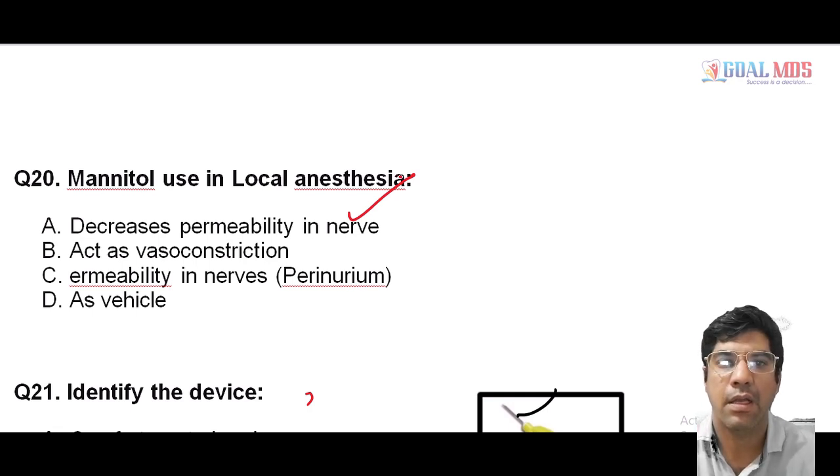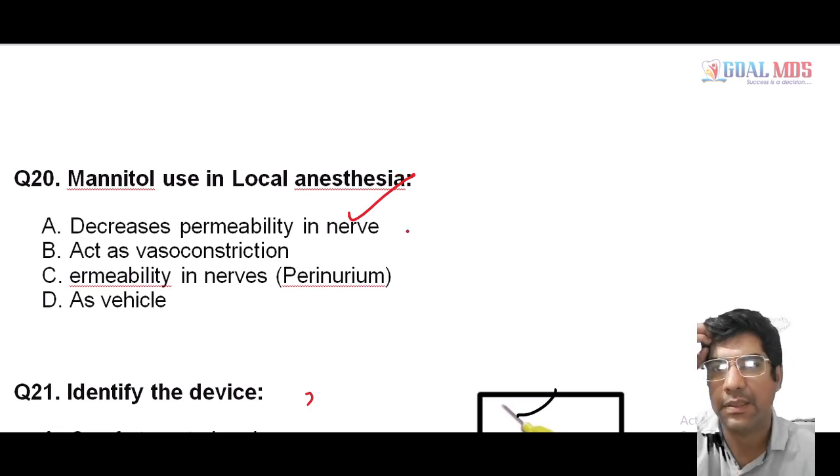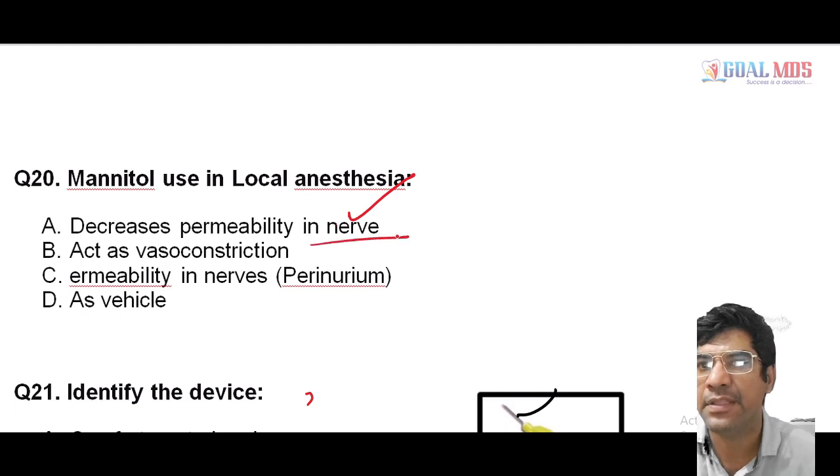Mannitol is primarily used in neuroanesthesia to reduce intracranial pressure and volume. It achieves this by osmotic action and vasoconstrictive properties, which helps to reduce the swelling and pressure in the brain. So it decreases the permeability in the nerves. That's its main role.